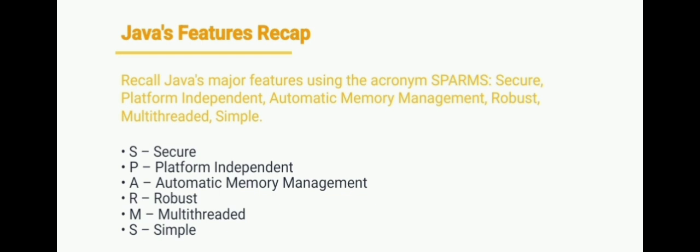It highlights write once, run anywhere. A stands for automatic memory management. It mentions the garbage collector, which prevents memory leakage. R stands for robust, for strong type checking. M stands for multi-threaded. It runs multiple concurrent threads to leverage multi-core CPUs. And S stands for simple.